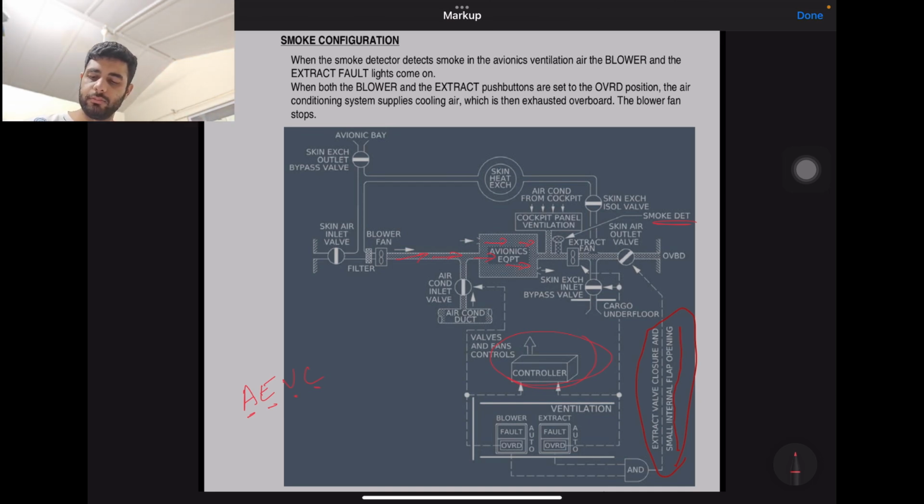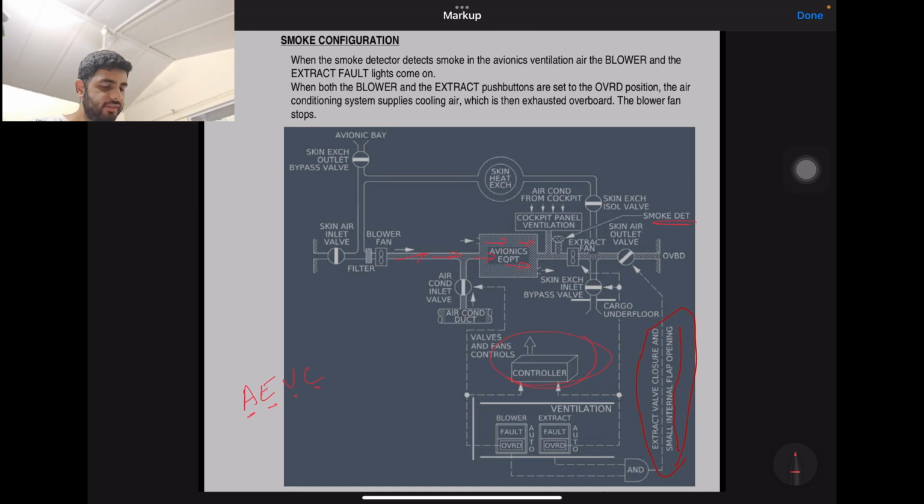Again, the extractor fan will keep on running, and the skin air inlet and exchange isolation valve, and the skin exchange outlet valve, all are closed.